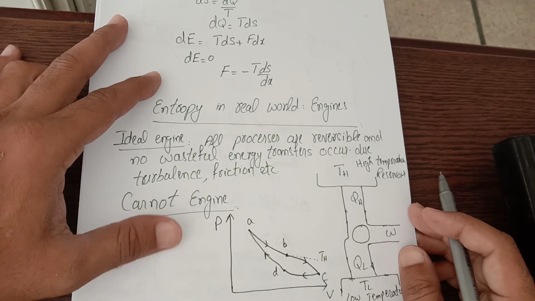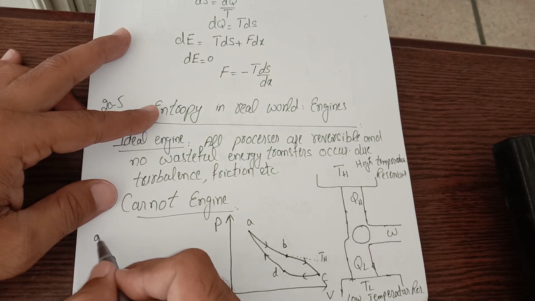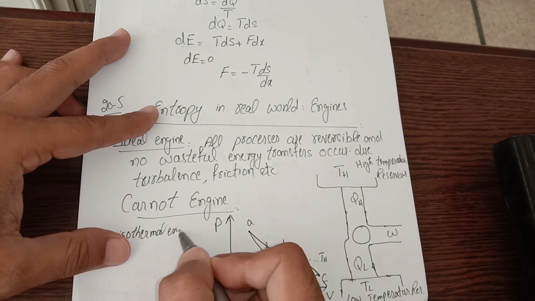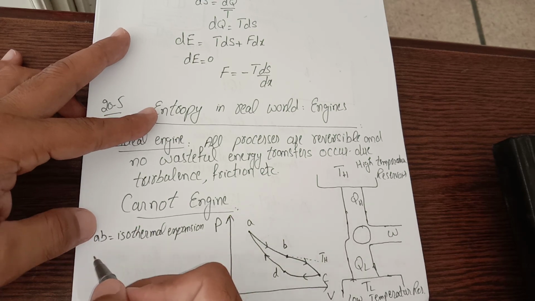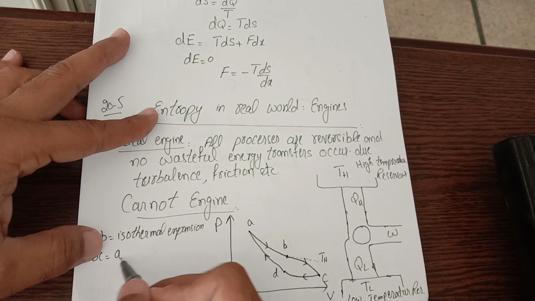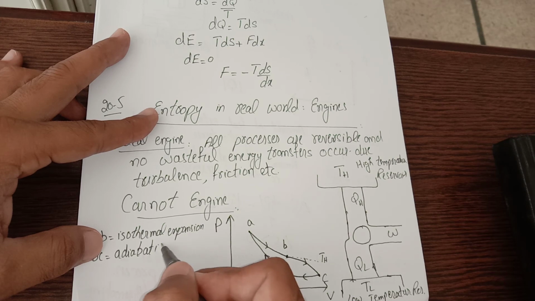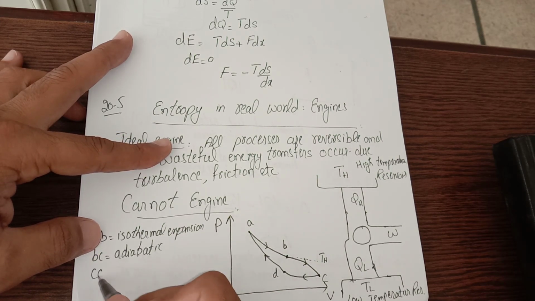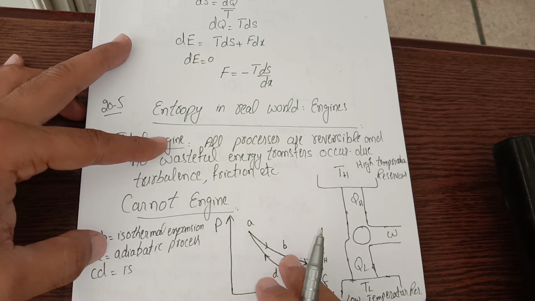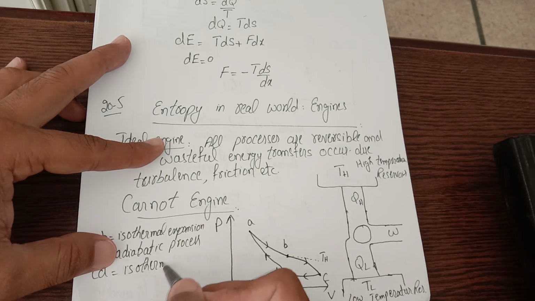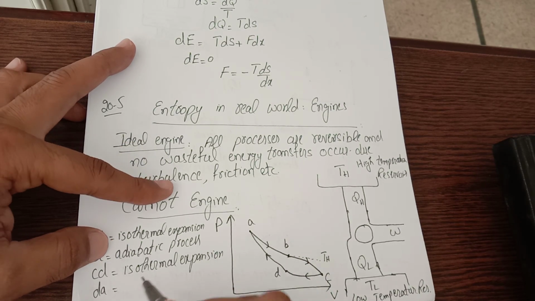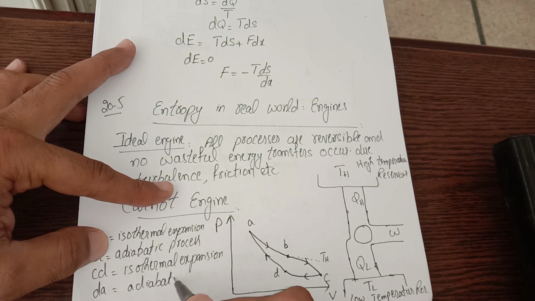Now I would say that AB is isothermal expansion and BC is adiabatic, CD is isothermal compression, and DA is once again an adiabatic process.